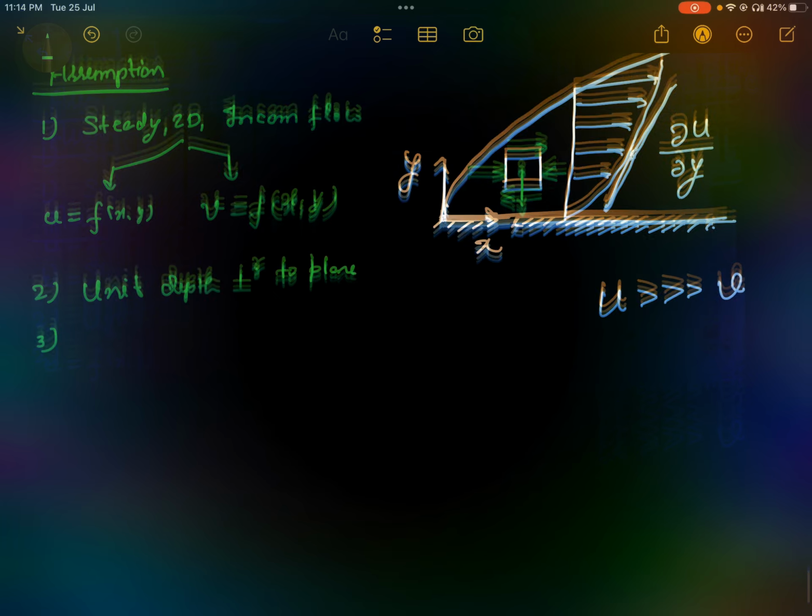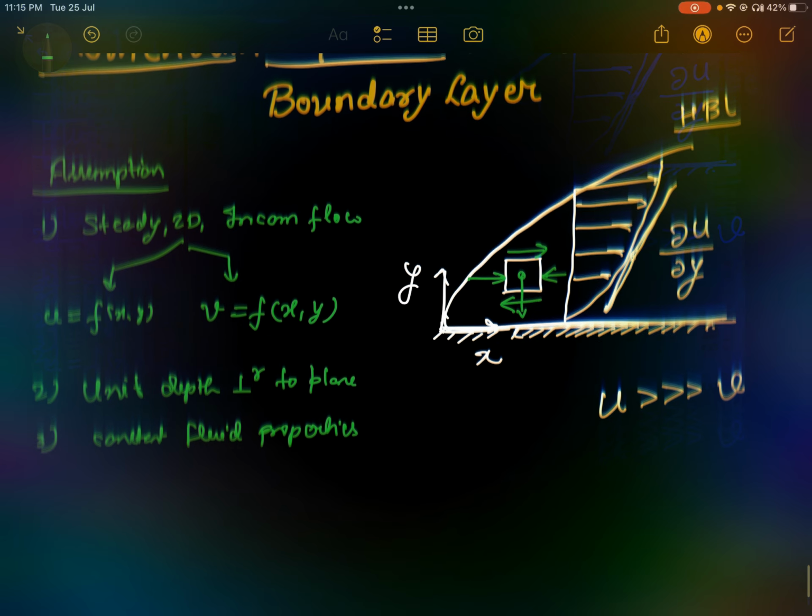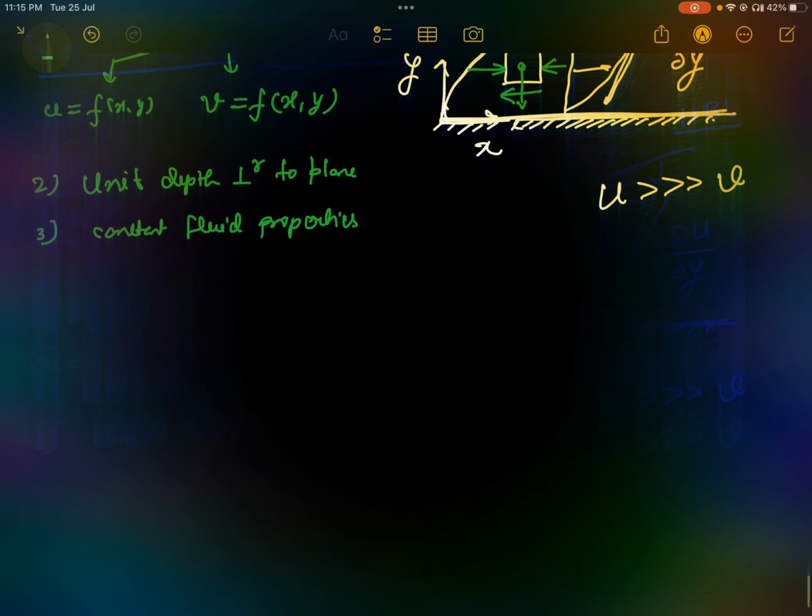And what is the third? Third is constant fluid properties. These are the assumptions. These are very important assumptions.